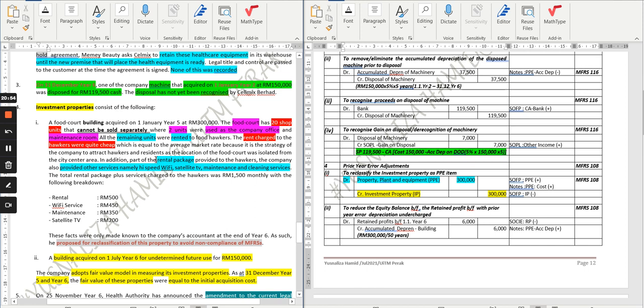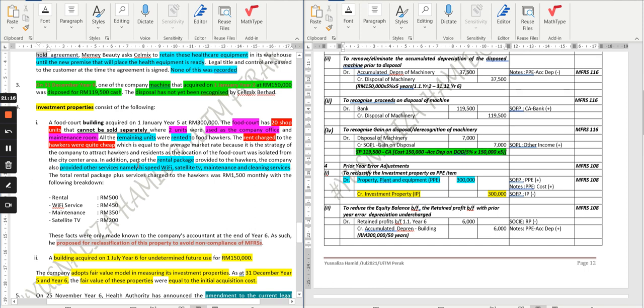So in addition to that, part of the rental package, so when you rent out that 18 units of shop houses to the hawkers, the rental package also includes services such as high-speed Wi-Fi. You also give them satellite TV, maintenance and cleaning service.